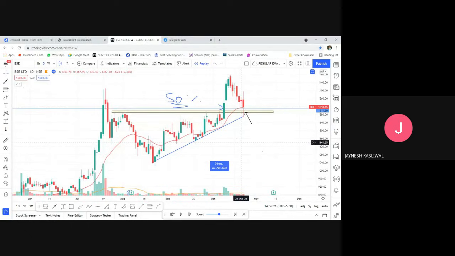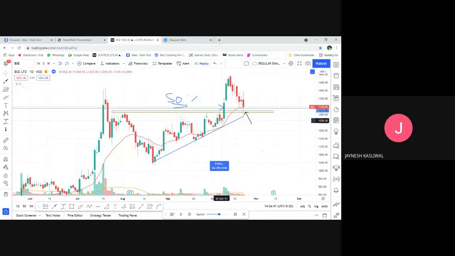I would suggest my view: I add the whole 100% quantity on the retest only. Why? Because I find trading on retest is much easier and psychologically much easier for me, where I find that the stop loss is in my favor, and I don't have any kind of FOMO after the move has already happened.